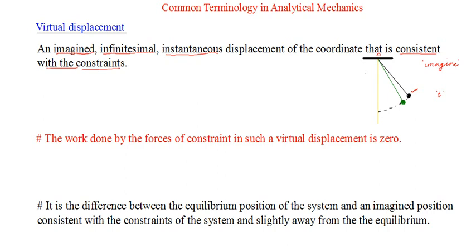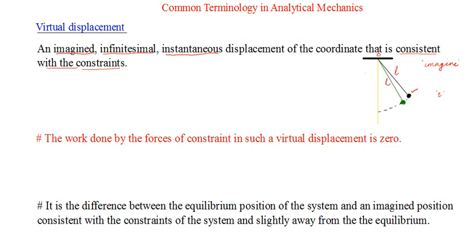Why do I say it is consistent with the constraints? Because it is without violating the constraint. What was the constraint of this simple pendulum? The constraint of the simple pendulum is that the length of the string should remain constant. We have already seen that. That is the constraint of the simple pendulum.